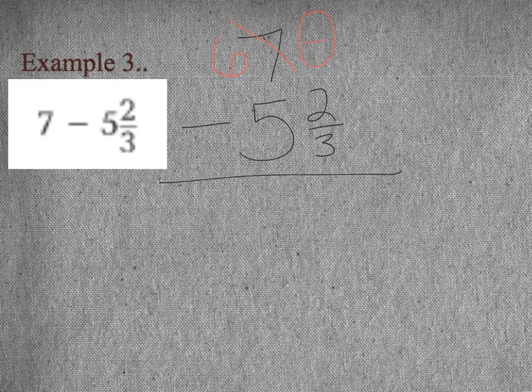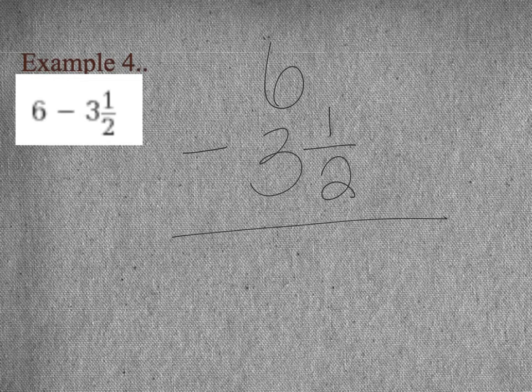I need the same denominator of 3, just like right here, to make it easy. So what over 3 would be the same thing as saying 1 whole? Well, 3 over 3 would be the same thing as saying 1 whole. So 6 and 3/3 minus 5 and 2/3. This is easy now. 3 minus 2 is 1, and our denominator is still going to be a 3. 6 minus 5 is 1, so your answer is 1 and 1/3.